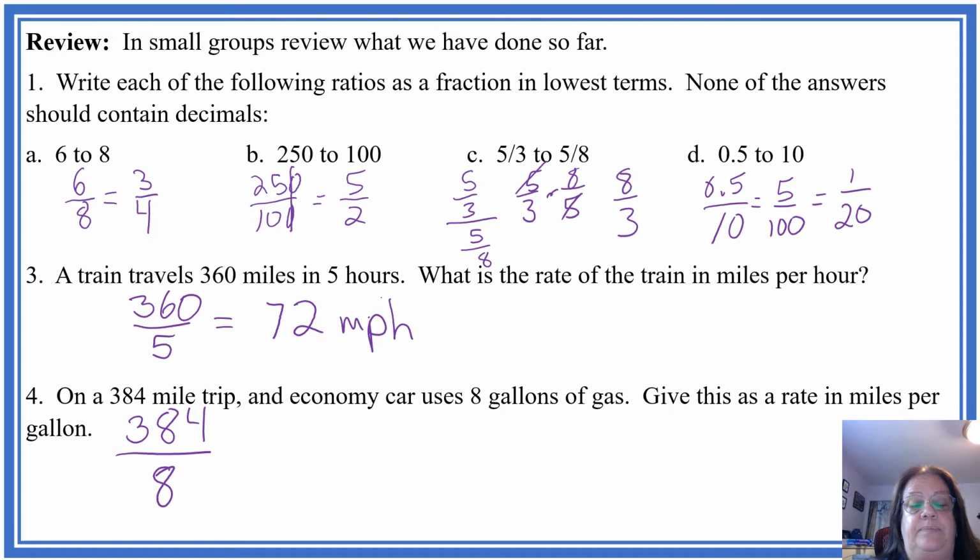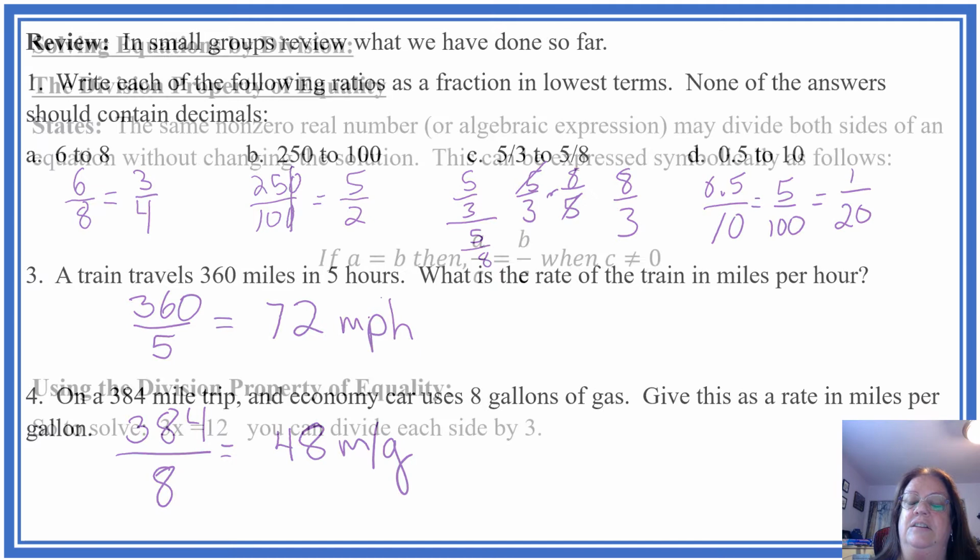That's still even, so I can divide by another 2 because 8 has three 2's in it, and that's 96, which is even. So I divide by 2 again, and I get 48. So the answer is 48 miles per gallon.